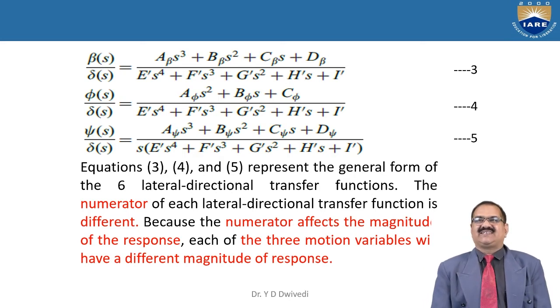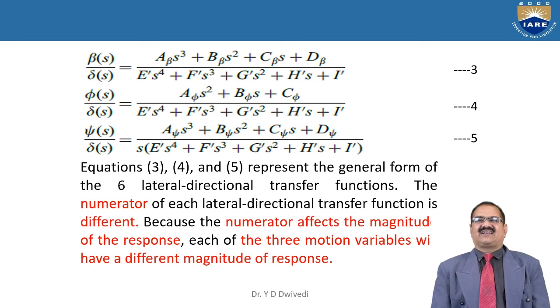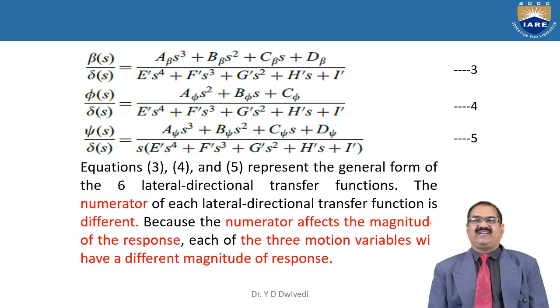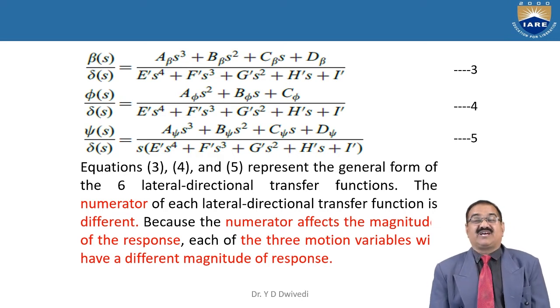We can see here that equations 3, 4 and 5 represent the general form of the 6 lateral directional transfer functions. The numerator of each lateral directional transfer function is different. If you see, the numerator is different but the denominator is the same. In all the 3 equations, all the denominators are the same but numerators are different because the numerator affects the magnitude of the response.